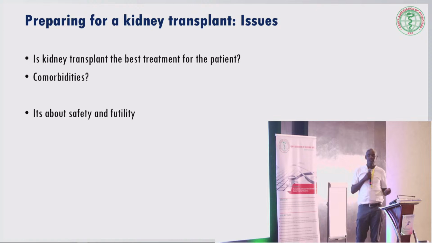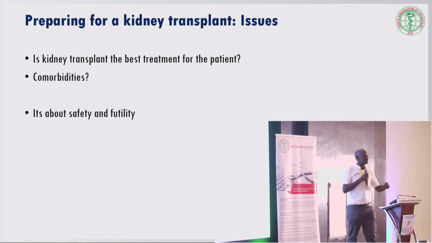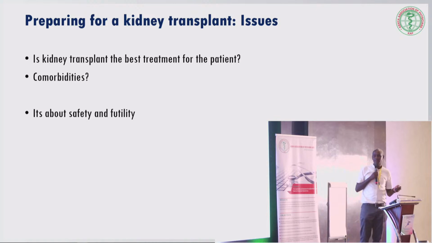And think about also, you might sometimes fix the kidney. The patient has a normally working kidney, but then they have other issues like a severely malfunctioning heart or a malignancy. Then the futility there is something of concern.